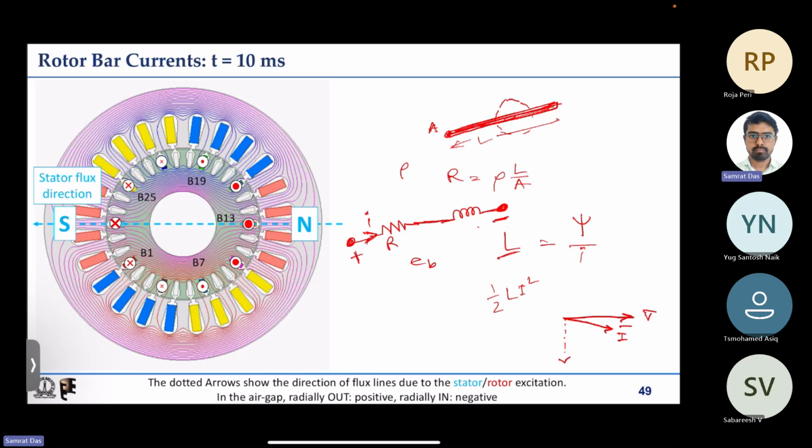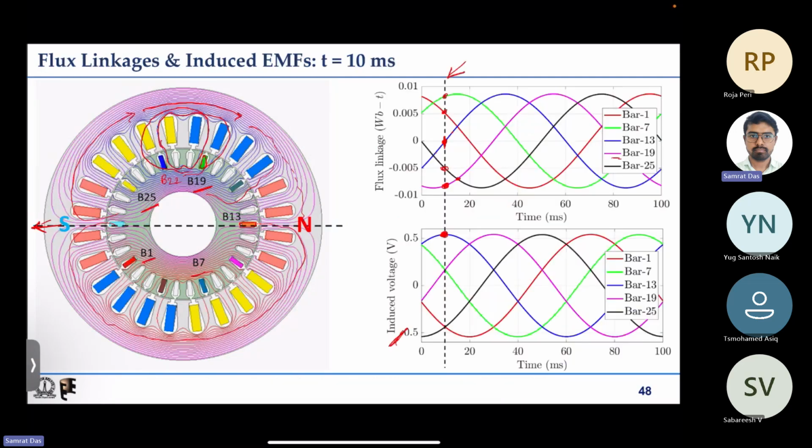But on the other hand, if resistance is very significant compared to omega L, that is the inductive impedance, then it can be considered purely resistive, and the current will be almost in phase with V.